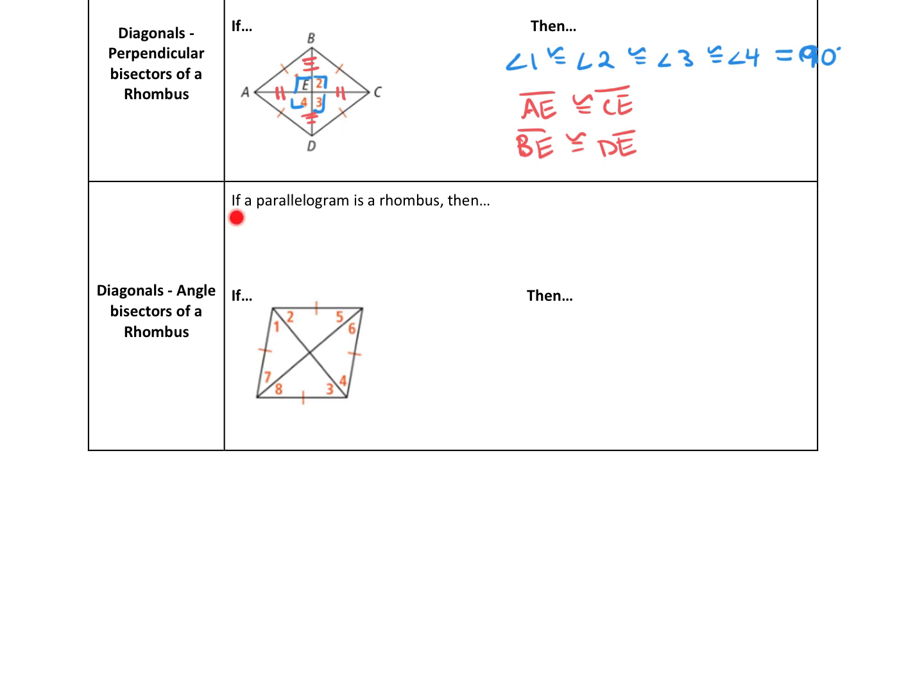So another property we have, if a parallelogram is a rhombus, then each diagonal bisects a pair of opposite angles.